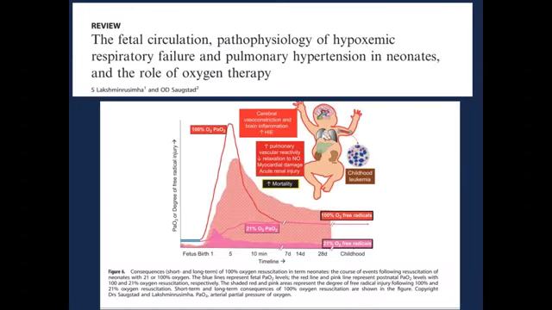Long time ago, we were considering 100% oxygen for resuscitation, including infants with HIE. And now we understand that resuscitation with room air is much more beneficial, and resuscitation with 100% oxygen is really harmful. Harmful for the brain, with cerebral vasoconstriction, brain inflammation, and worsening of HIE.